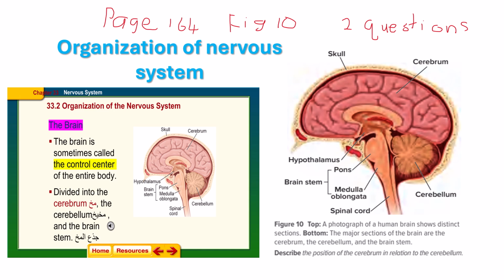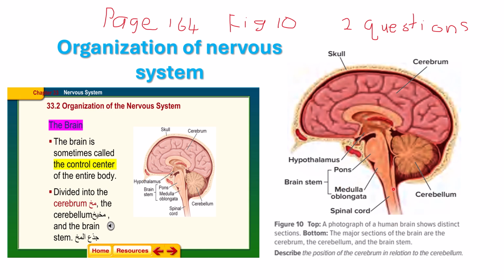The brain has structures like the cerebrum, which looks like a walnut, and the cerebellum, which looks like a tree turned sideways. And the hypothalamus, and the brain stem, which contains the pons and medulla oblongata. Then you have the spinal cord.